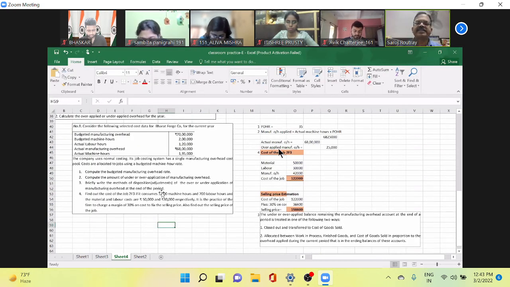So here in this case we have got over applied. So what we have to do? We have to deduct it from cost of goods sold, or we have to deduct it from all the three. Okay, so the way it has been charged. So for example, your work in progress is 20%, 30% is finished goods, and 50% is cost of goods sold.